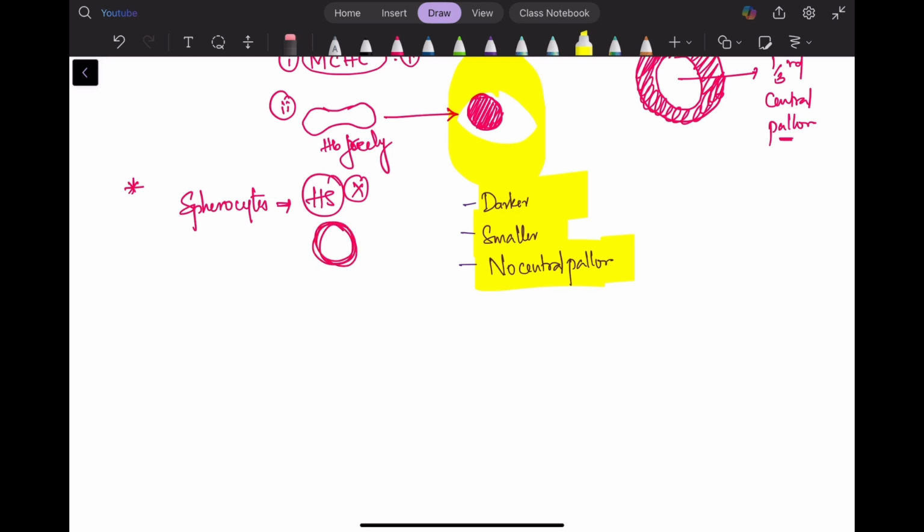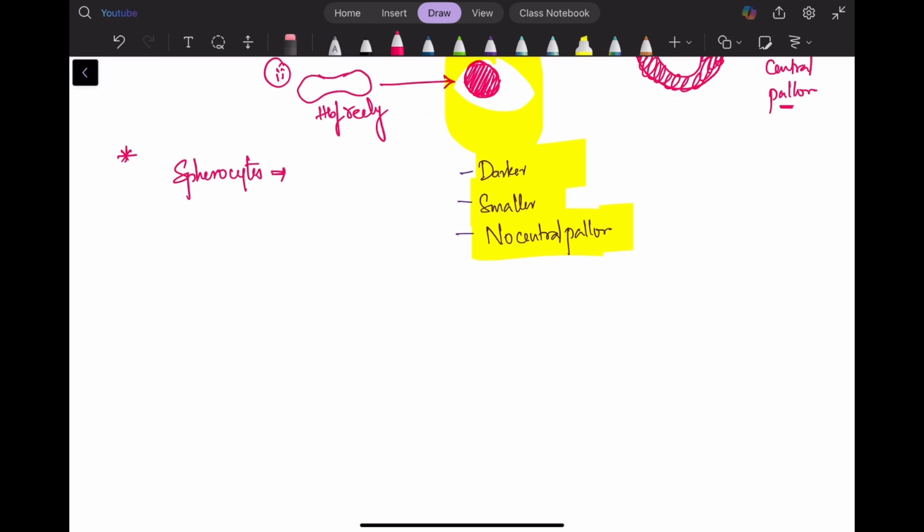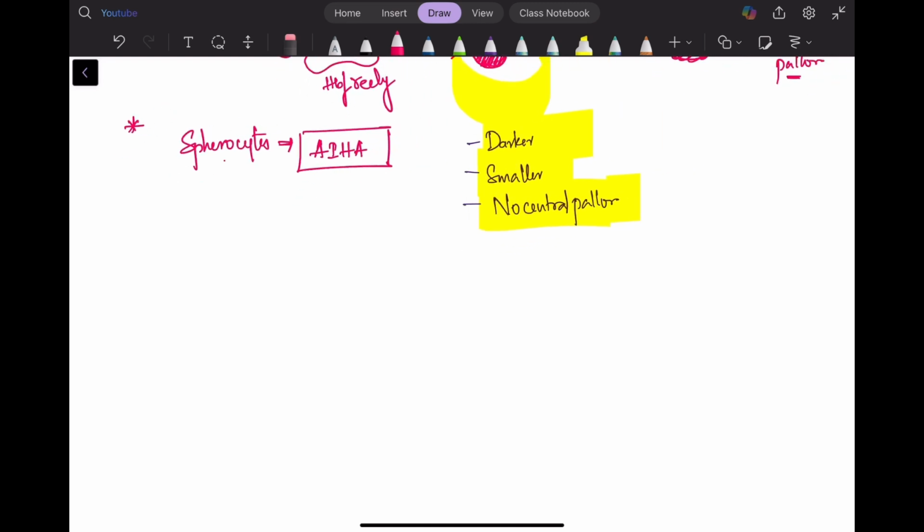Because medicine is not that easy. So we have something else planned here, and that is, when you see spherocytes, first you need to suspect autoimmune hemolytic anemia. So to differentiate it, we have a next step.